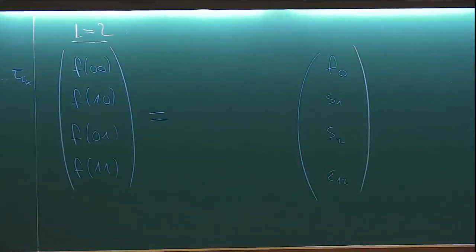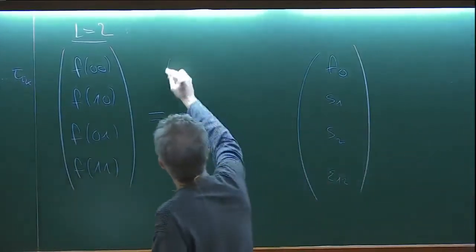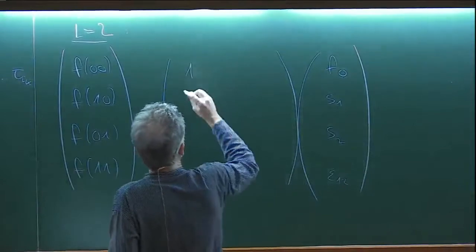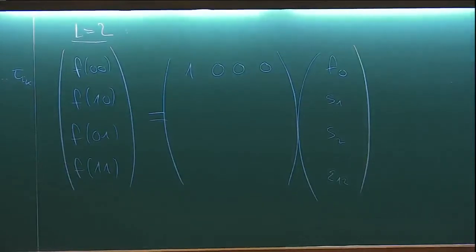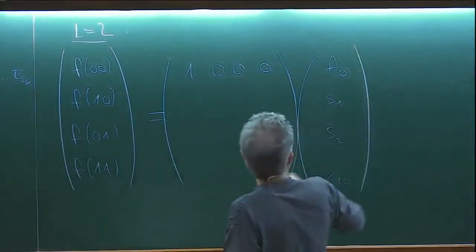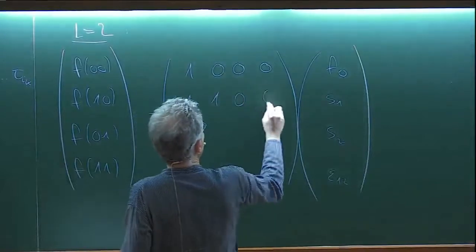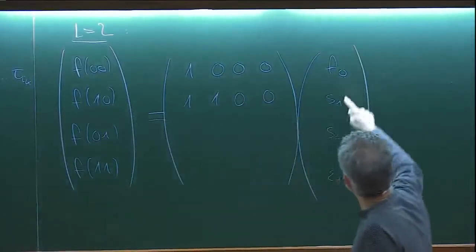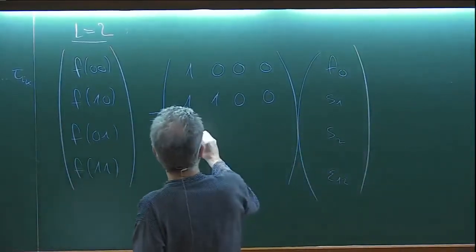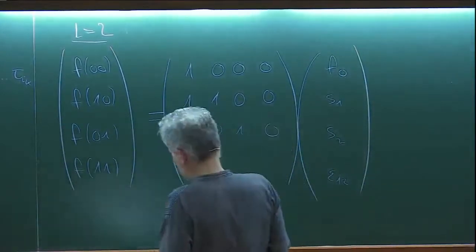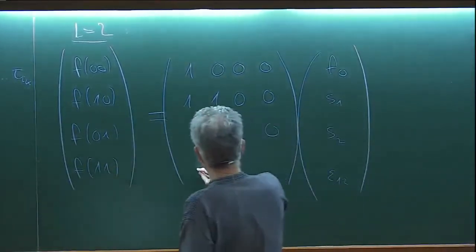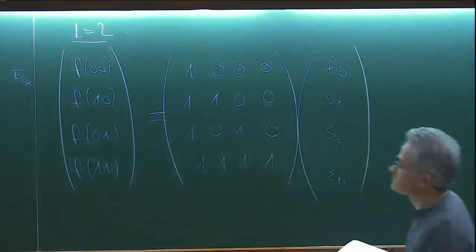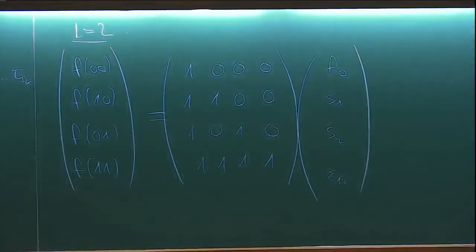And so F00 is simply F0, right? So the first entry in the first row of this matrix, I just have 1, and all the others are zeros. F1 is obtained by F0 plus S1. Okay, so here I have this row. F01 is the sum of these two. Okay, so here we have 1, 0, 1, 0. And finally, the fitness of the double mutant is just the sum of all of them. Right? So this is my matrix. You can find these matrices in more generality again in this paper by Poelwijk.